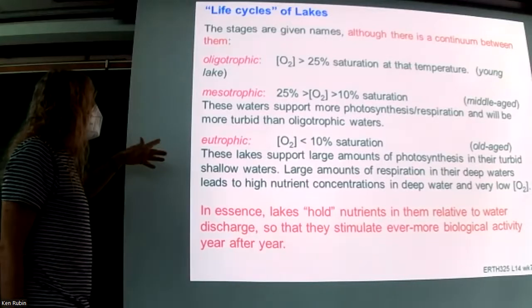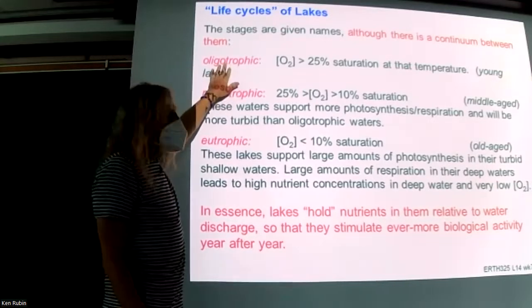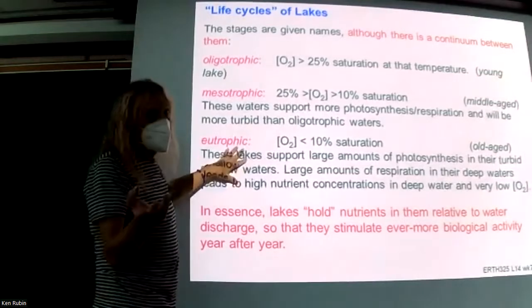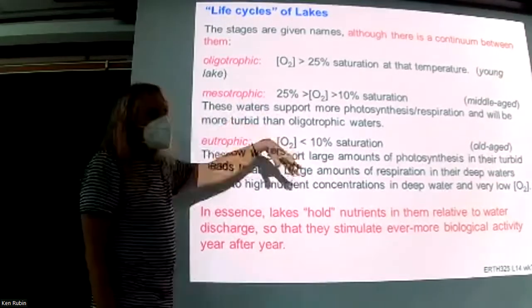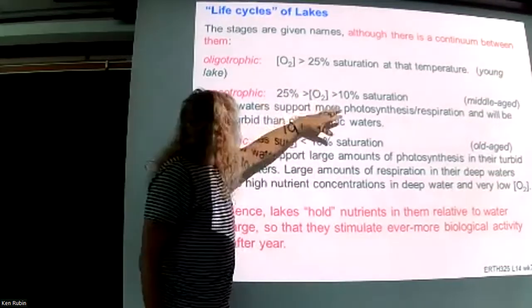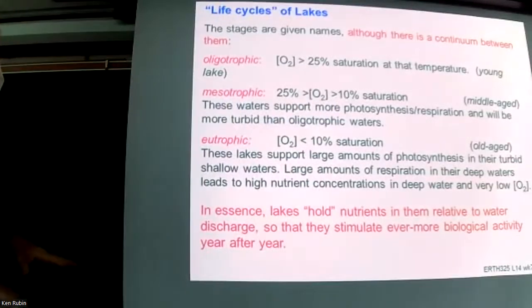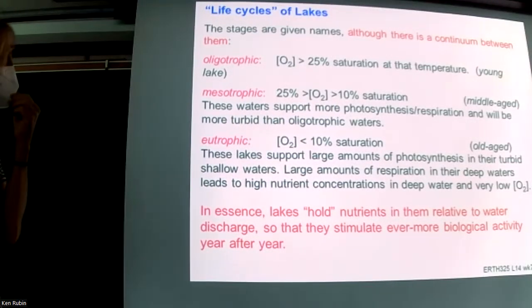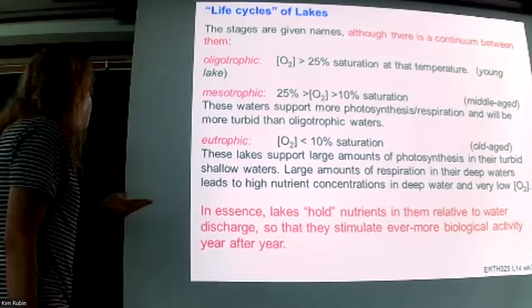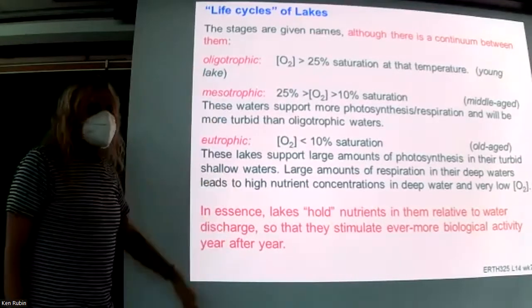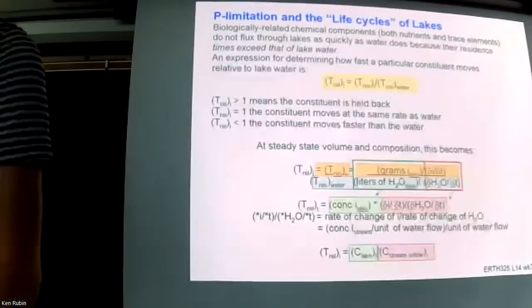In this system, an oligotrophic lake is a young lake, a eutrophic lake is an old age lake, and there's something in between that we call mesotrophic, which has some moderate value of oxygen below saturation. Not as much impact on biological activity as eutrophic, but still along the path.